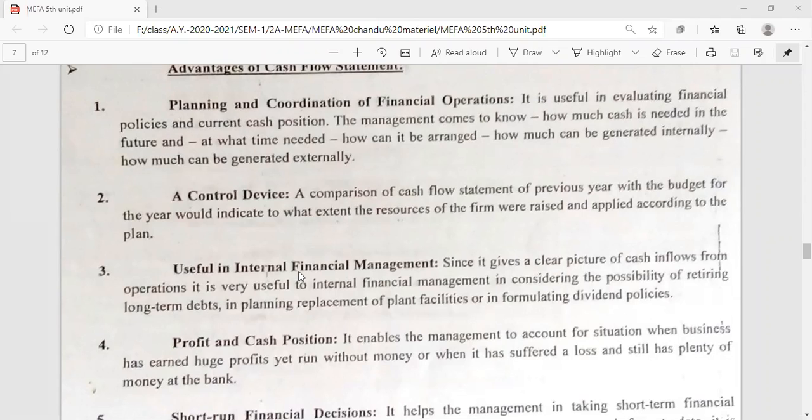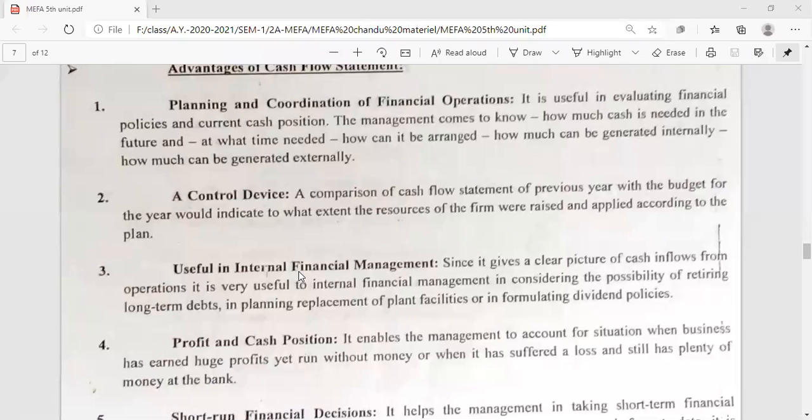We compare what the cash flow was previously and what the budget is, and whether that cash is sufficient or not. These are all things you can understand there.